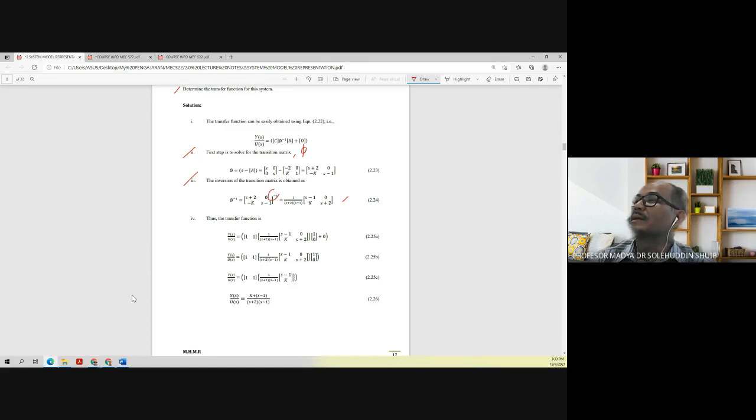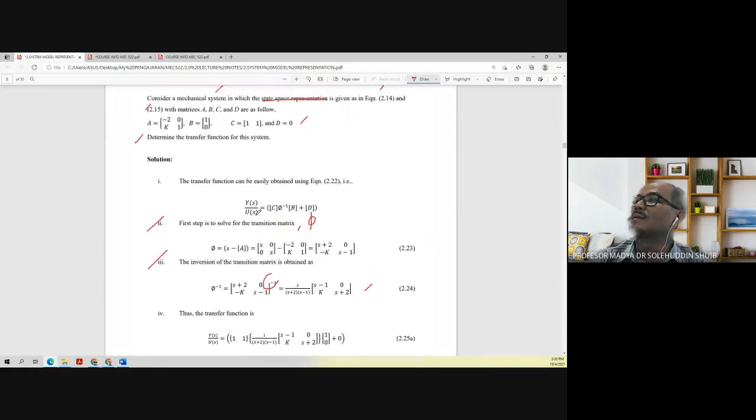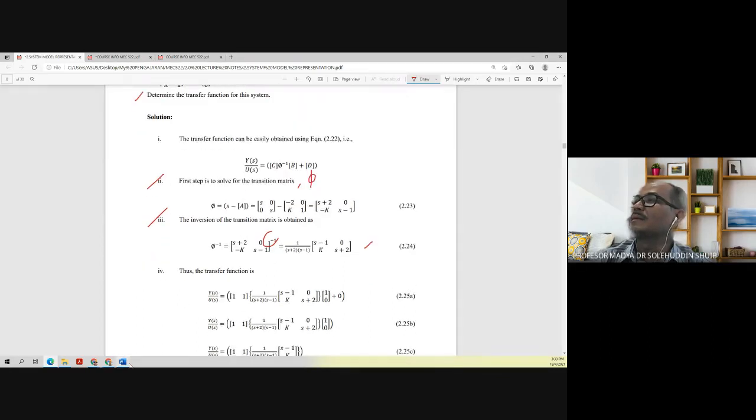And then you proceed with the transfer function Y(s) divided by U(s), based on this substitution. So you get 1 1. All of the information is given here, so you substitute C and D here.